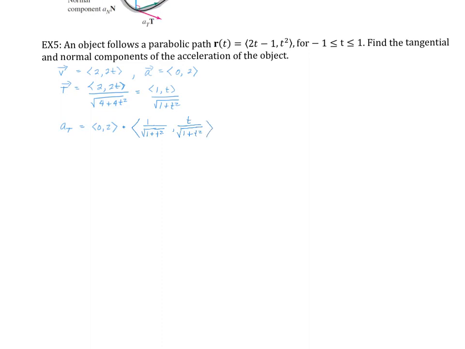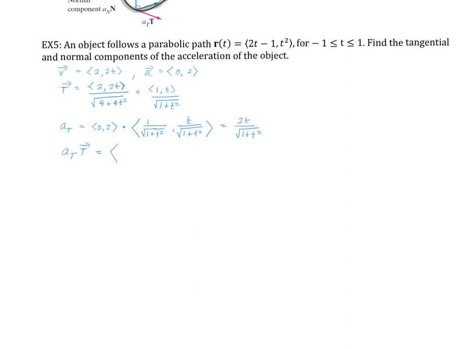And dotting these two, I end up with 2t, so remember, not a vector, it's a dot product, over 1 plus t squared, or the square root of 1 plus t squared. So I got my a sub t, which means my a sub t of the tangent vector, so this would be the tangential component.